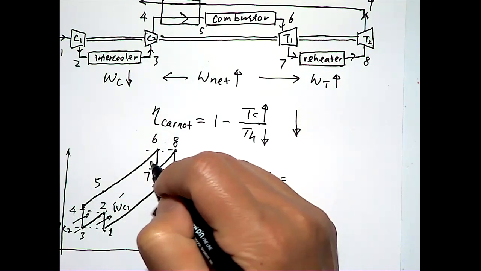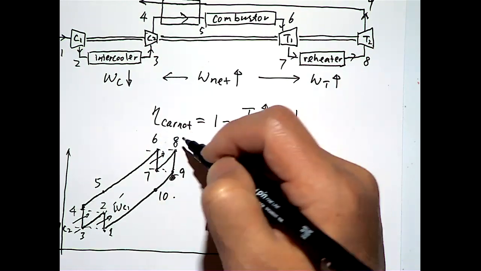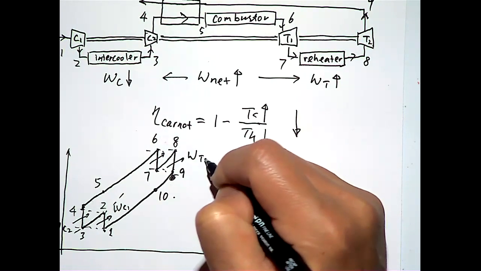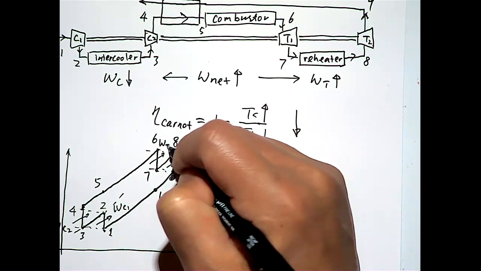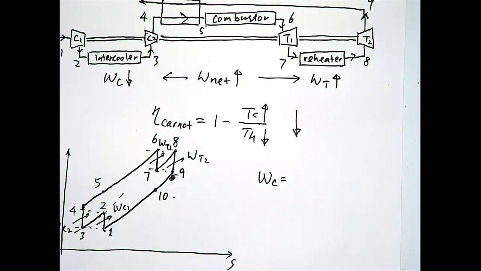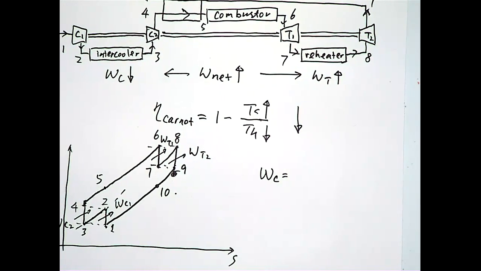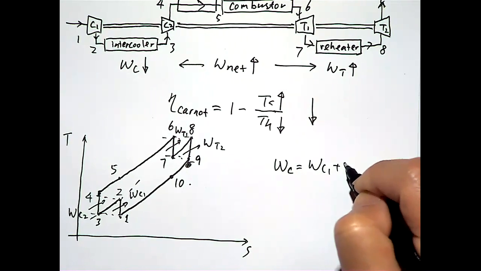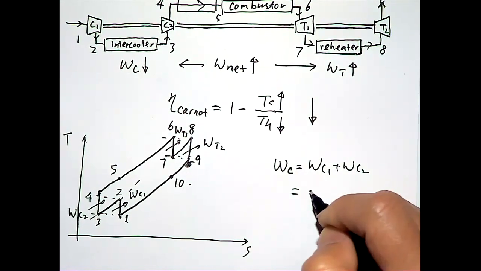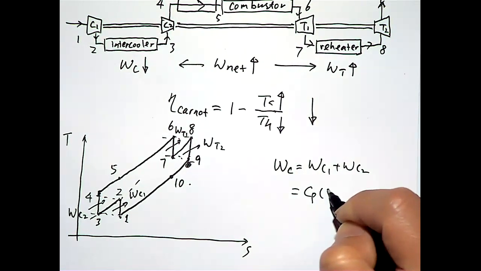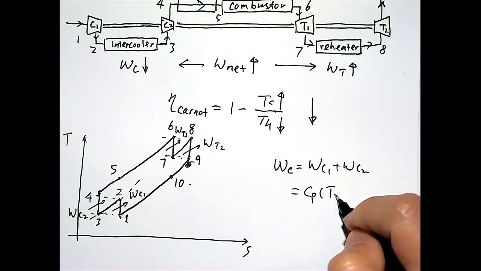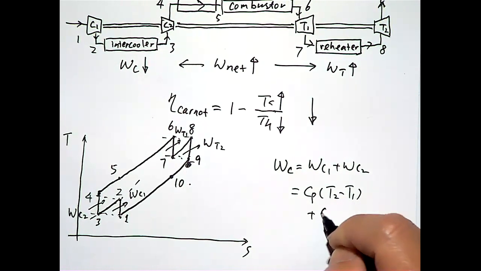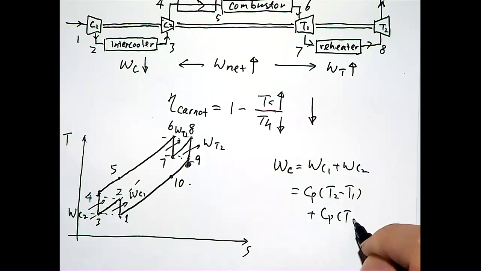And the turbine also has 2 works, WT2 and WT1. So the total compressor work, WC1 plus WC2, should equal CP (T2 minus T1) plus CP (T4 minus T3).